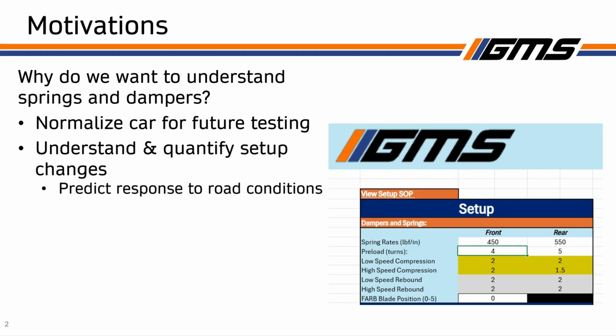We also want to understand and quantify our setup changes and predict how the car is going to respond when we actually get out there and drive it. If you can give a number to a change that you're making to the car, you can get a really good idea of how much of a difference it's going to make, and if the driver or your test data will be able to notice it.